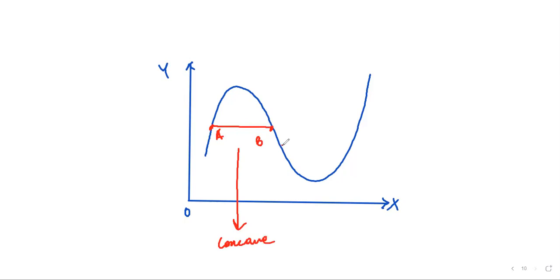I take 2 points. I join these 2 points. This line is never below the graph. So this part is convex. And this part is concave.